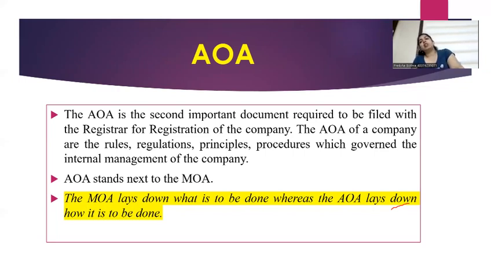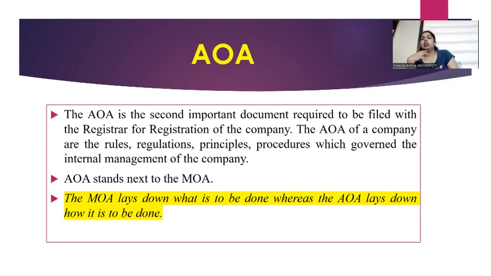The articles of association of a company are the rules, regulations, principles, procedures which govern the internal management of the company. So, in this context, the MOA lays down what needs to be done, and the AOA basically states how something is to be done.